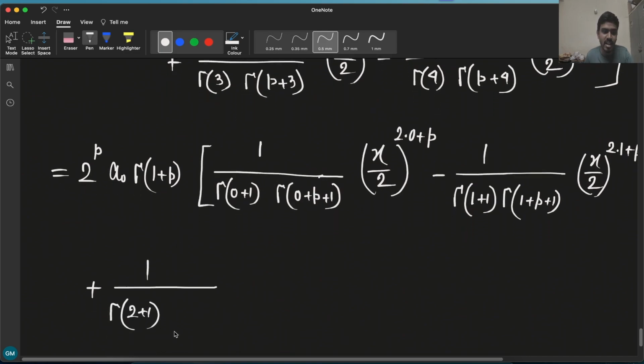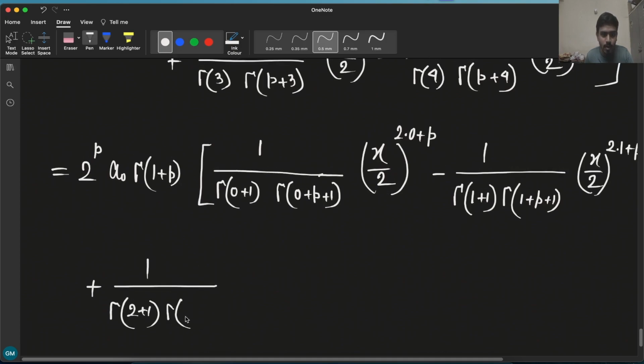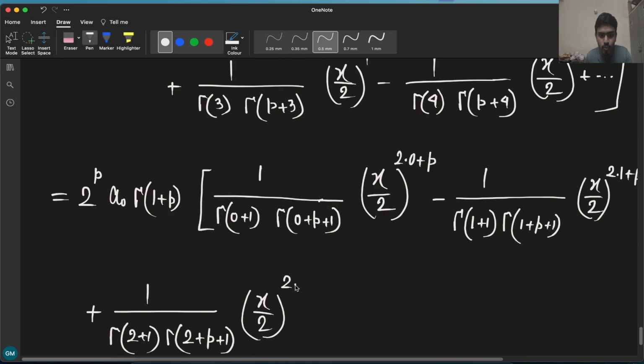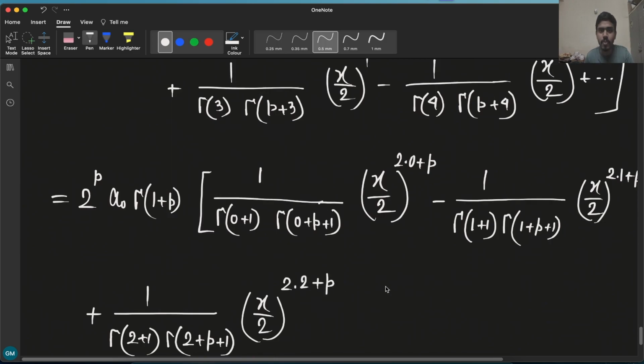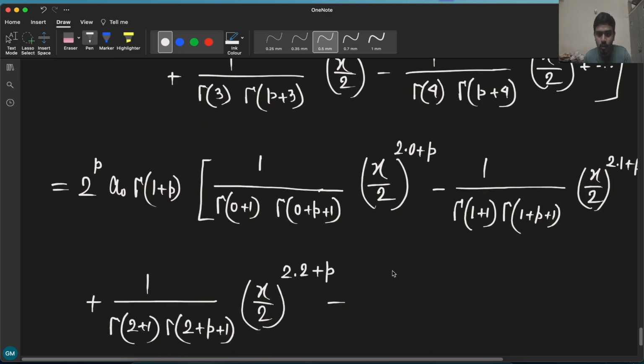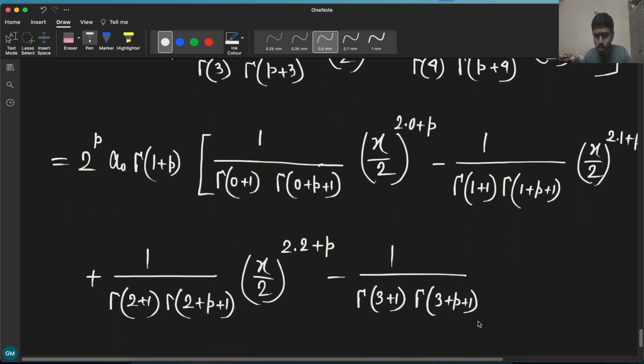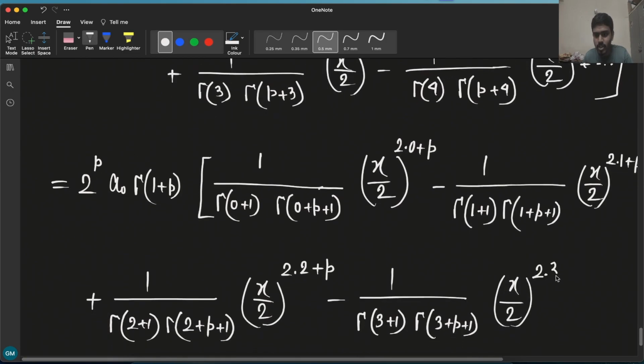Instead of gamma 3 I am writing gamma of 2 plus 1, gamma of 2 plus p plus 1, x by 2 whole to the power, so this 4 I am writing as 2 times 2 plus p. Minus, the next term will be 1 by gamma of 3 plus 1 gamma of 3 plus p plus 1. So this 4 I am writing as 3 plus 1, and this 6 I can write as 2 times 3 plus p, plus all other terms.